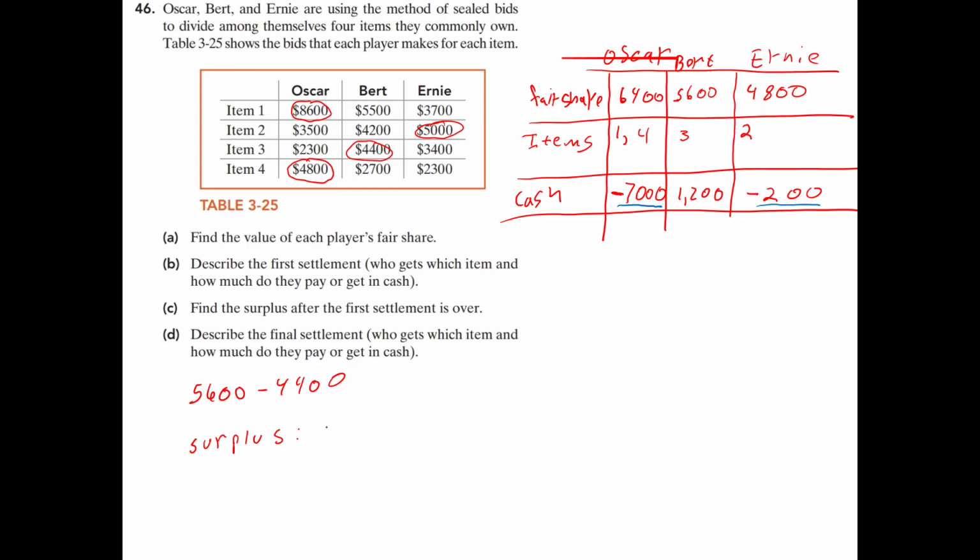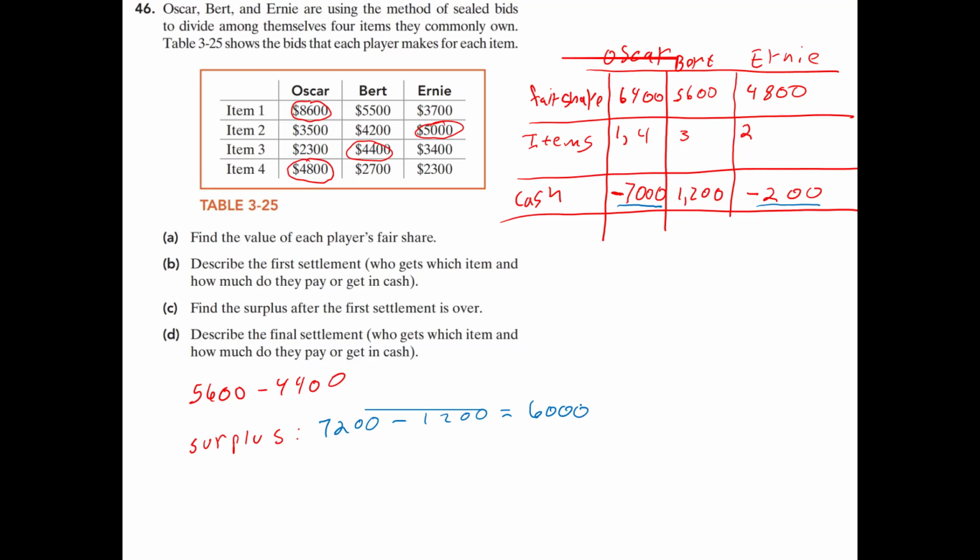So you collected $7,200, but you only paid out $1,200, and so that's $6,000. So you collected an extra $6,000.